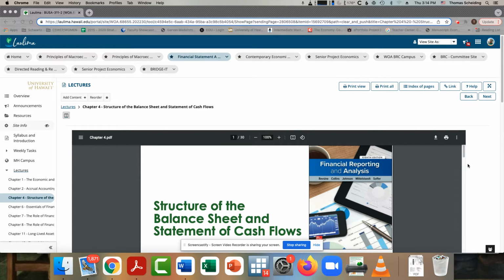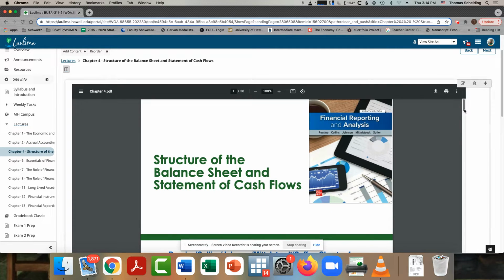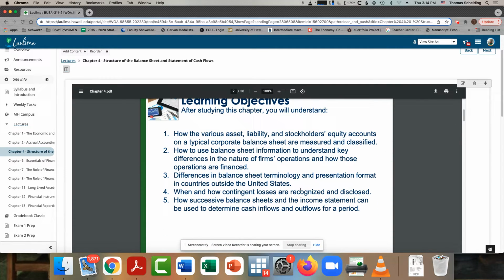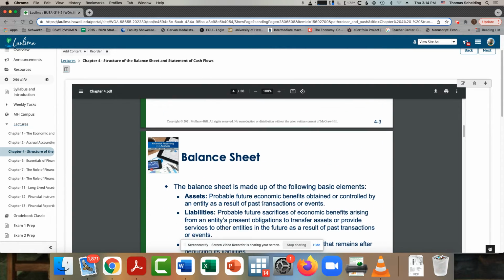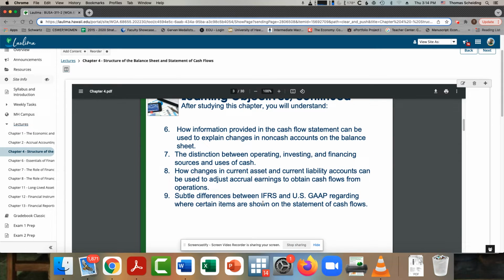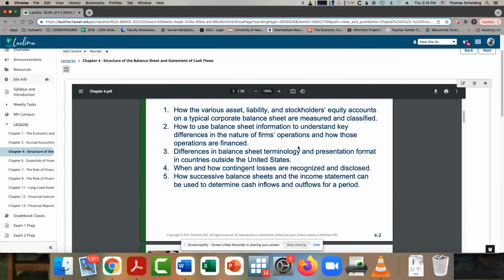In terms of what the statement of cash flows tells us versus the balance sheet: for most companies, cash flows are so much more important, and they determine so much more about whether that firm will succeed or not.